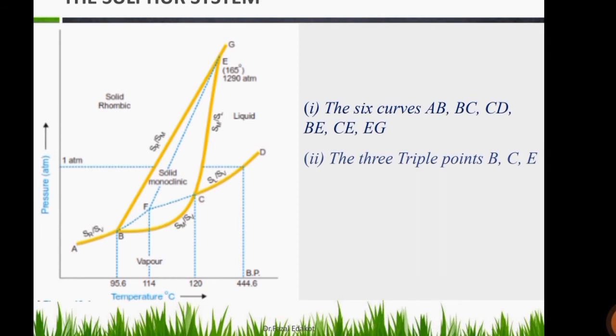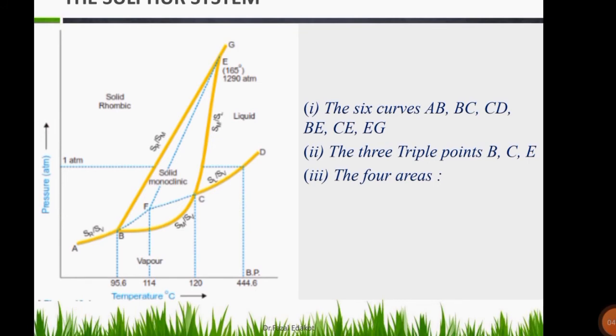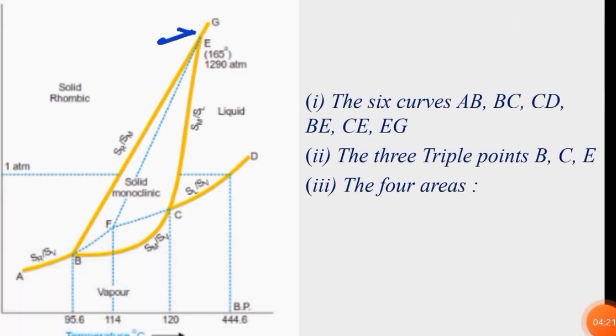In water there is only one triple point, here three triple points. Which are those triple points? Can you point them out? This is one triple point, this is one triple point, and this is one triple point.